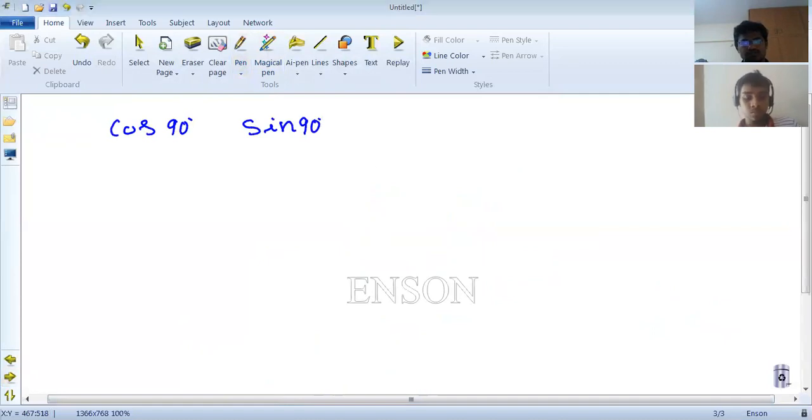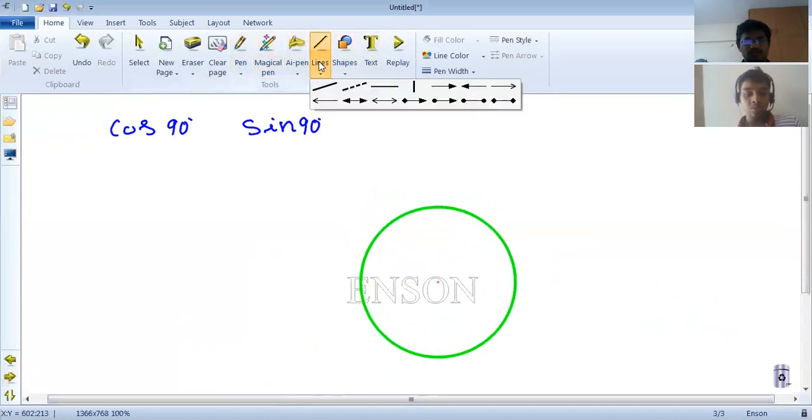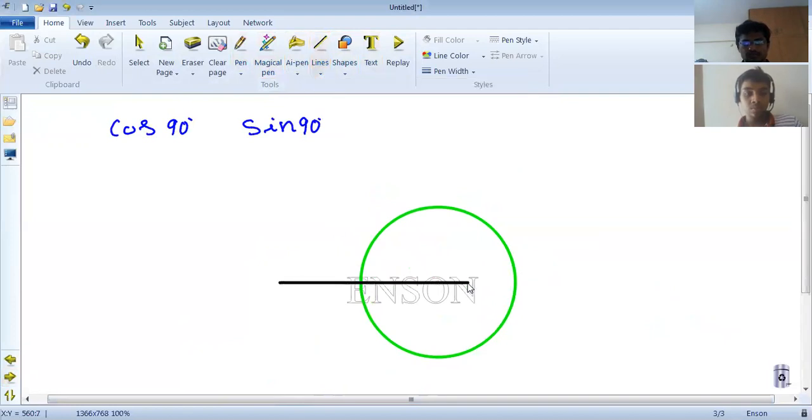Cos 90 degrees and sin 90 degrees in a unit circle only. This also deals with the unit circle, so the same thing. First, we need to draw the circle and two coordinates, x as well as y, and the angle given is 90 degrees, so the angle between these two axes is 90.